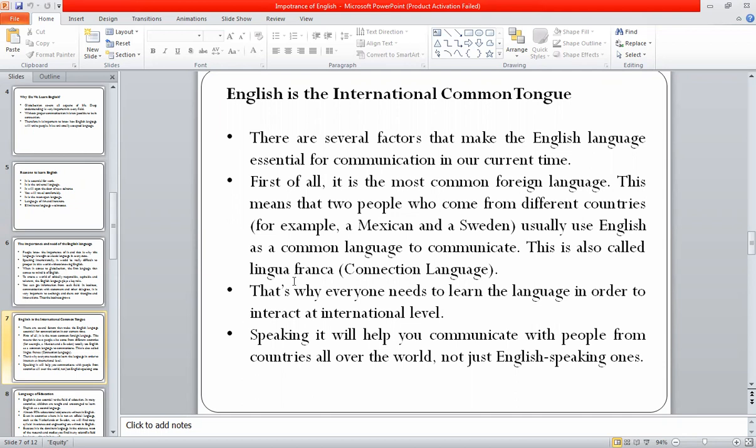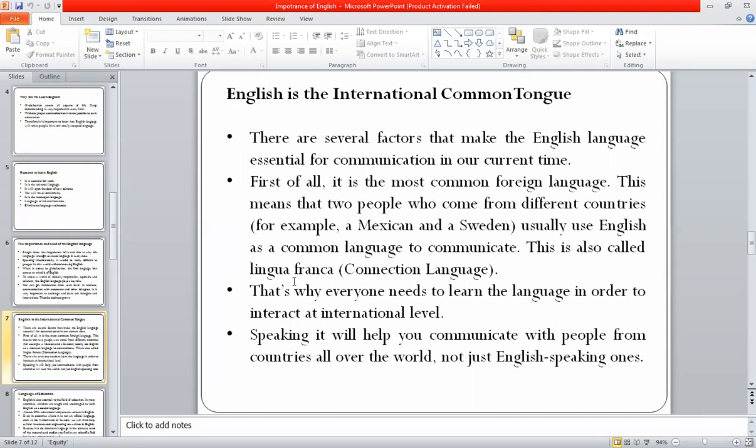But English has the most speakers in the world. You can find this language spoken in each and every country. No other language is as common as this language.